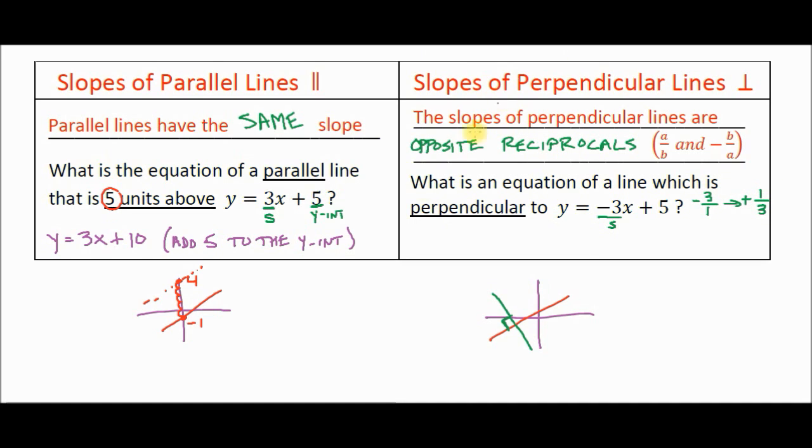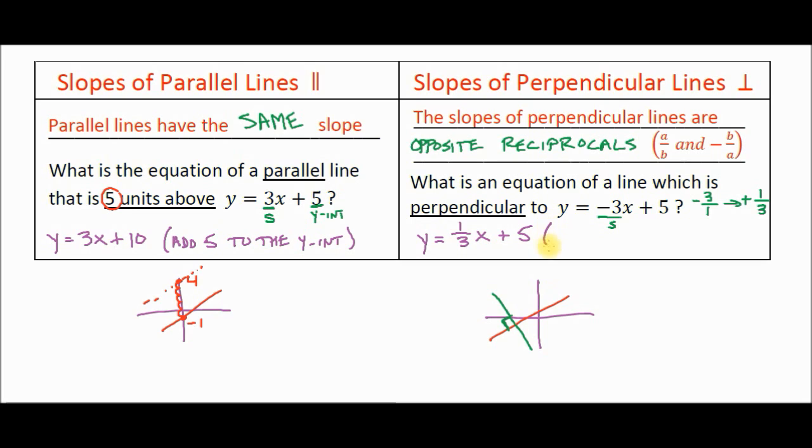So our new equation is going to be something like this. Y equals 1 over 3x. And it doesn't tell us that we have to move the line up or down. So let's just go ahead and leave the y-intercept exactly the same. Y equals 1/3 x plus 5.